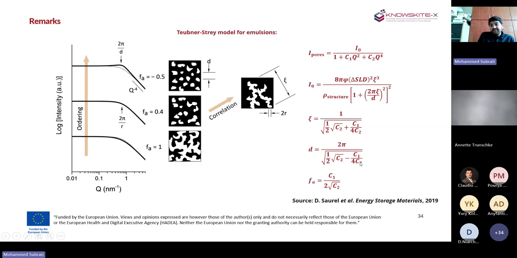And fa is the amphiphilic parameter, which is like a disorder parameter. If you have negative values of fa, it means you have very nicely ordered materials. If it's positive, in this case 0.4, it means you have not correlation but aggregation, not nicely ordered. And if it's 1 and above, it means you have poorly ordered material.